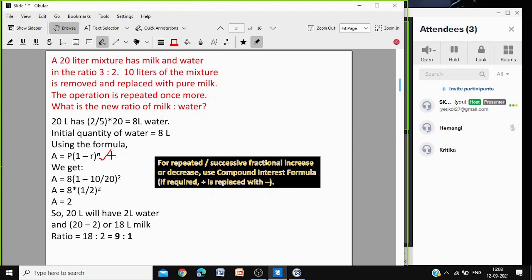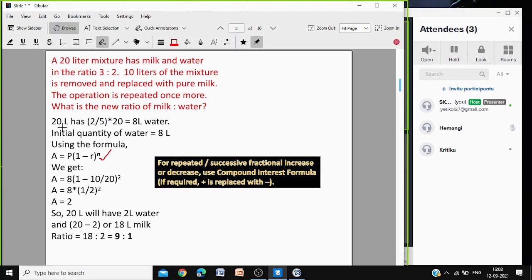Otherwise it is the compound interest formula. And when do we use it? For repeated or successive fractional increase or decrease. Here the fraction of water is gradually decreasing.